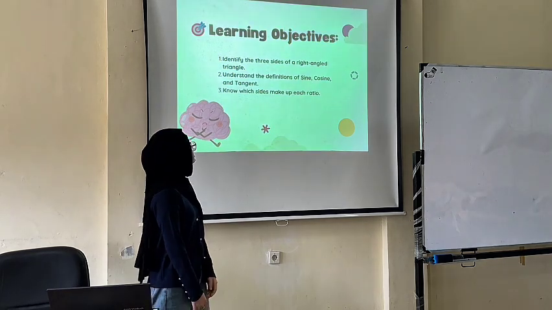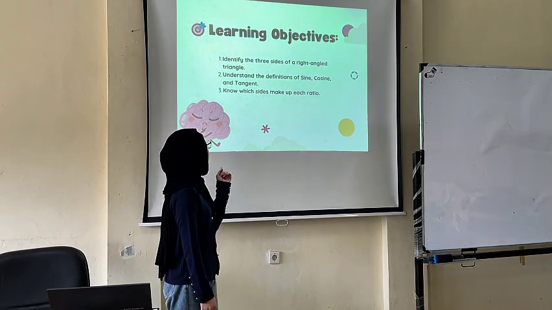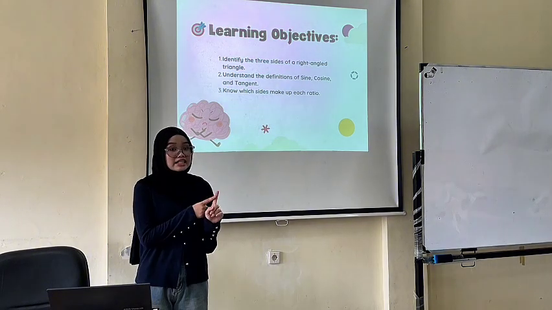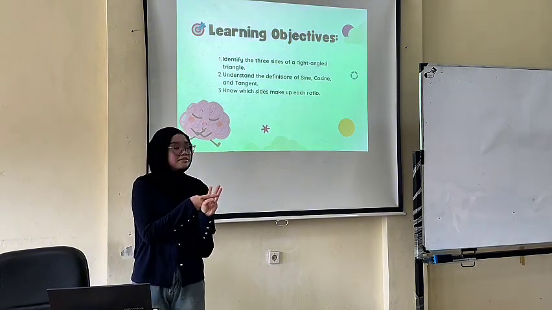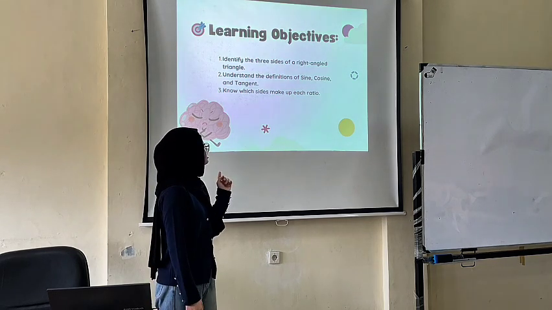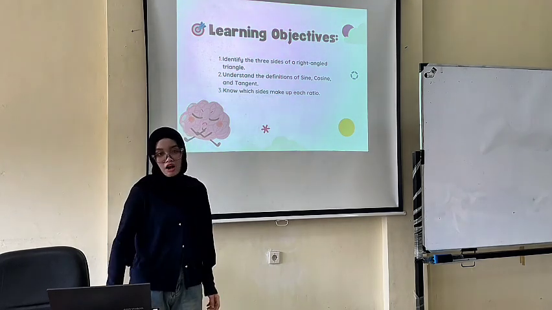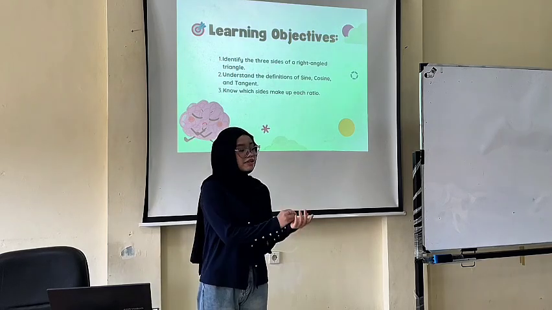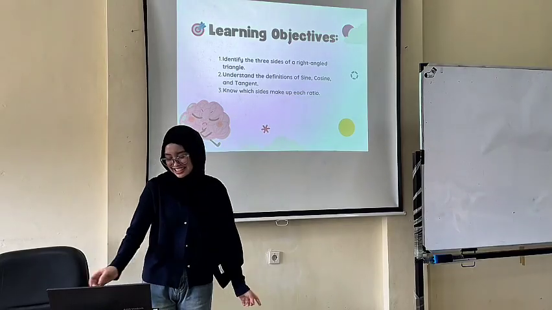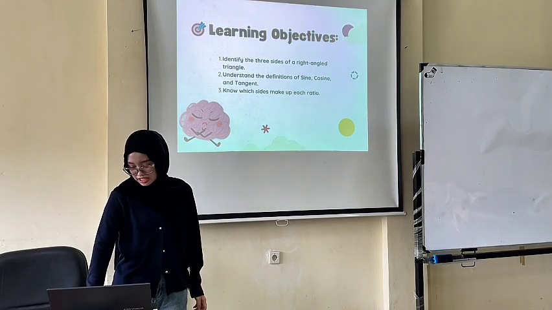Second, understand the definition of sine, cosine, and tangent. And third, know which sides make up each ratio. Don't worry, it is very simple. Are you ready? Ready, Miss. Okay, let's go.